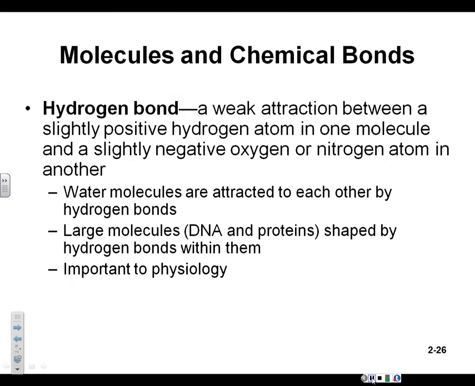Alright. So hydrogen bonds is again a weak attraction, alright? So water molecules are attracted to each other by their hydrogen bonds. Hydrogens we're going to find, they are found in what? DNA and protein. Who knows what DNA stands for? Deoxyribose nucleic acid.